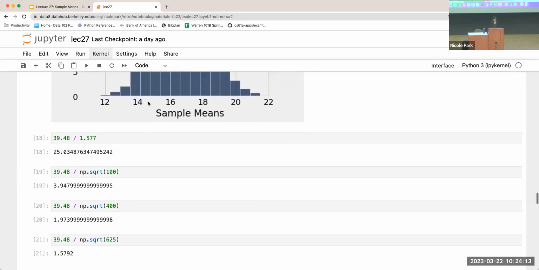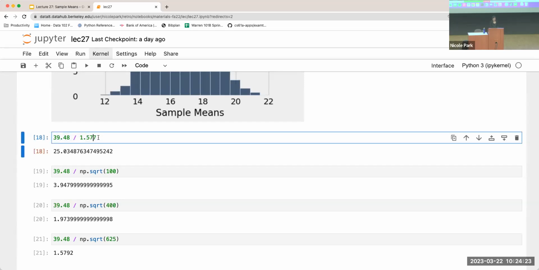One other thing to take note of is what's called the square root law. What you'll see here is that when I had a population of size 625, I had a sample means standard deviation of 1.577. When you divide the population standard deviation by the sample average's standard deviation, you get 25.